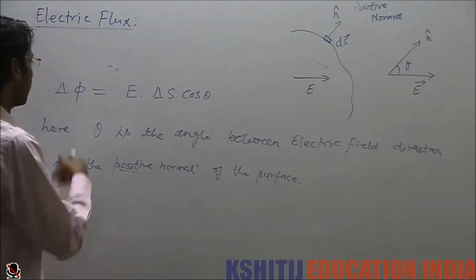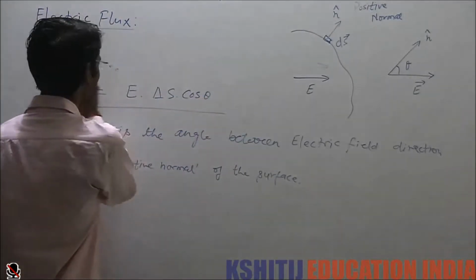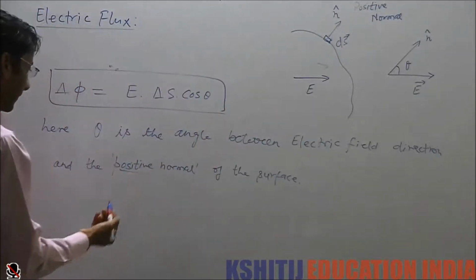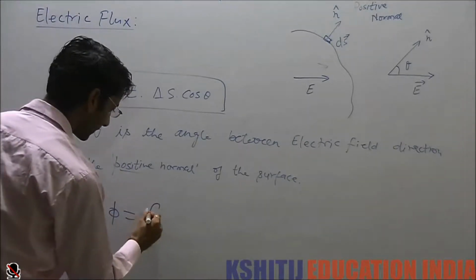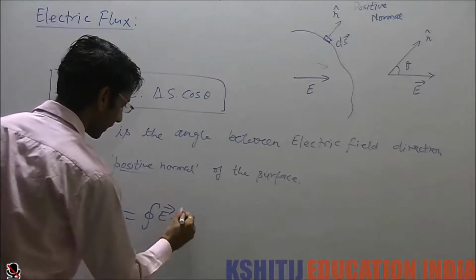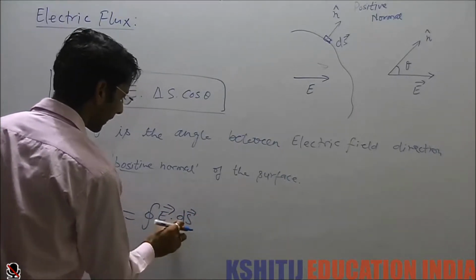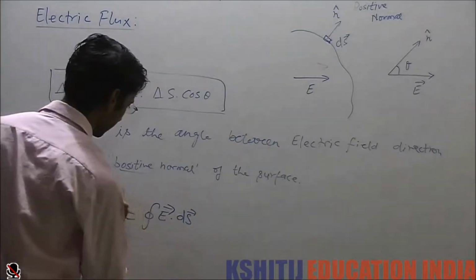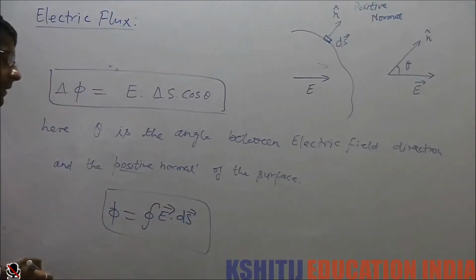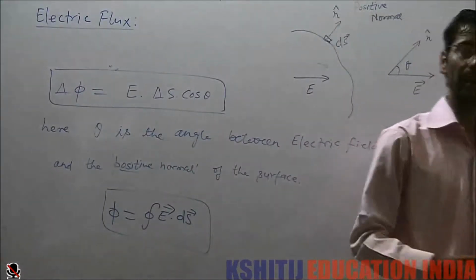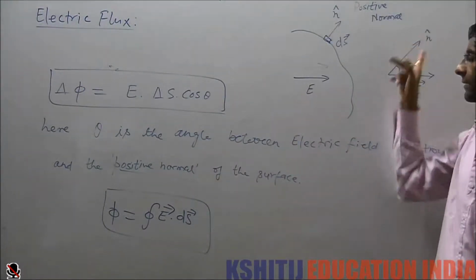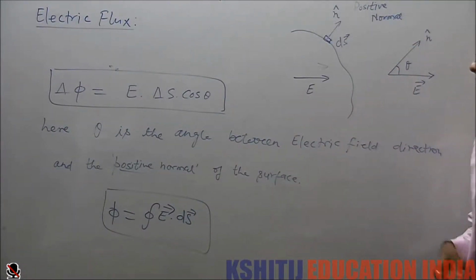And then this will become the differential value of electric flux. Or we can simply say, if we go for this integration, here also we will require that angle, so that angle will also be used here. In any other formulation, this angle is used: the angle between the electric field direction and the positive normal.